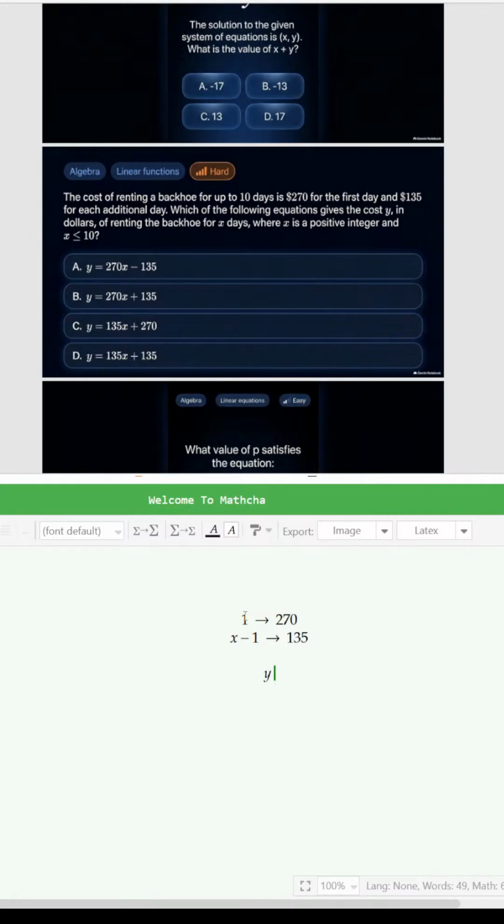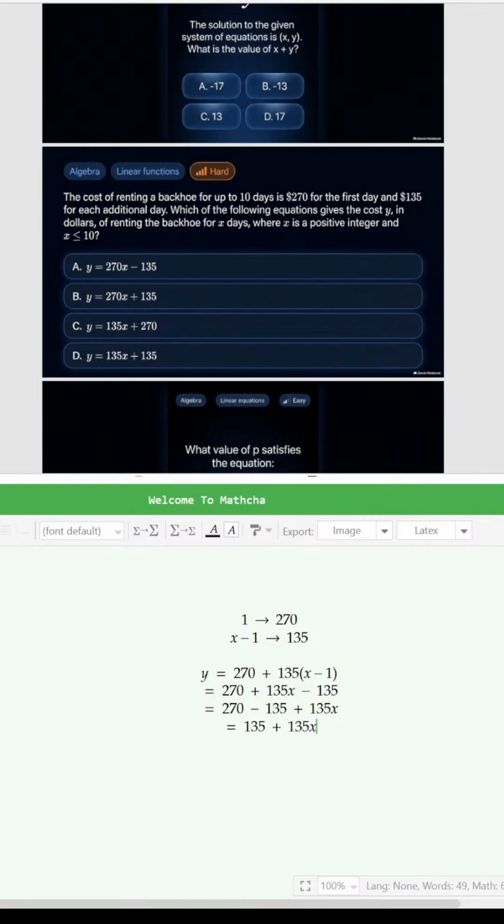Then the total cost Y will be 270 plus 135 multiplied by X minus 1. Then that becomes 270 plus 135x minus 135. So that will be 270 minus 135 plus 135x, which will be 135 plus 135x.